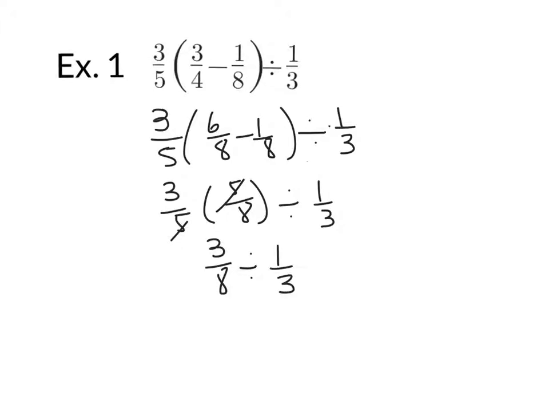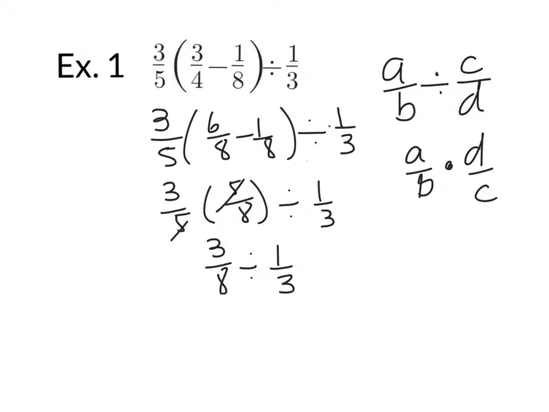And before we go any further, I just want to remind you of a property. How do we divide by a fraction? You probably recall learning this in grade school. If I have a fraction, and I'm dividing by a fraction, like A over B divided by C over D, remember that's the same thing as A over B, and then we're going to change this division to multiplication, and then we're going to flip that second fraction.